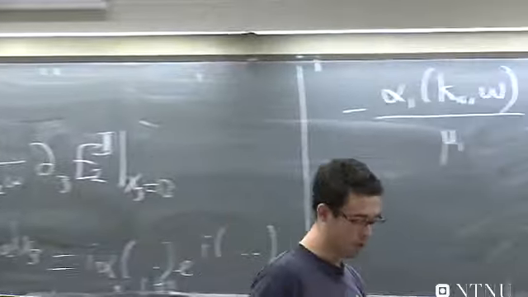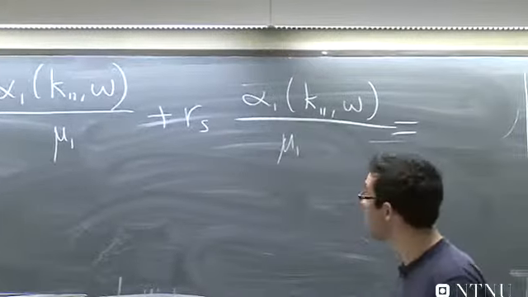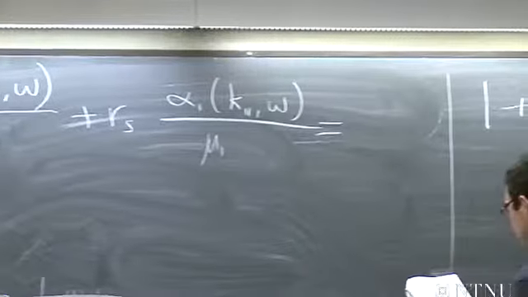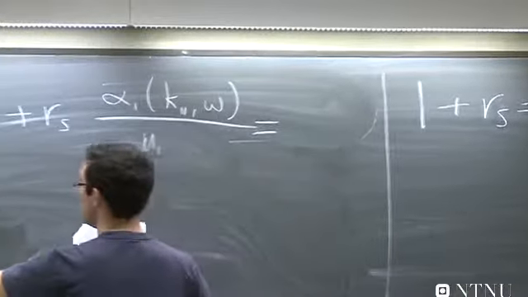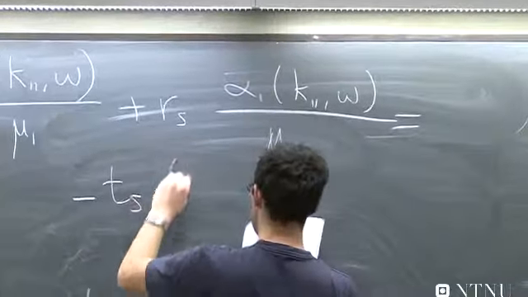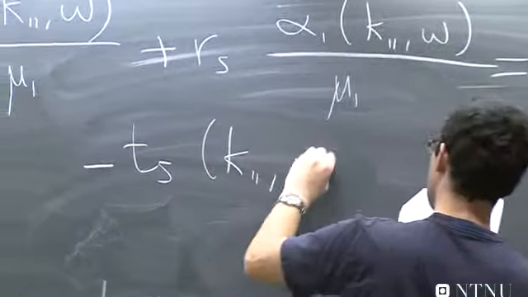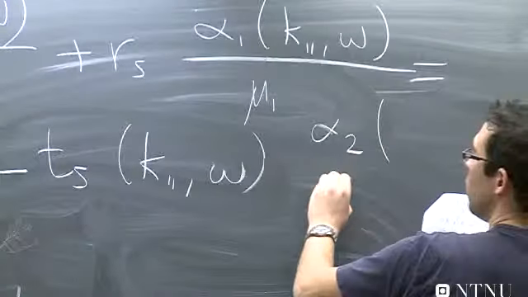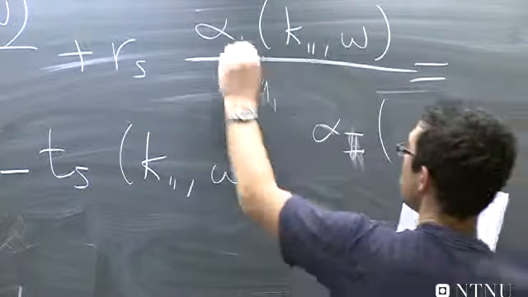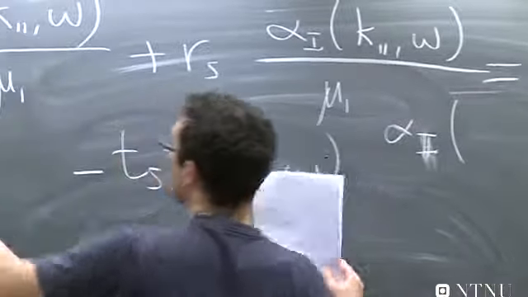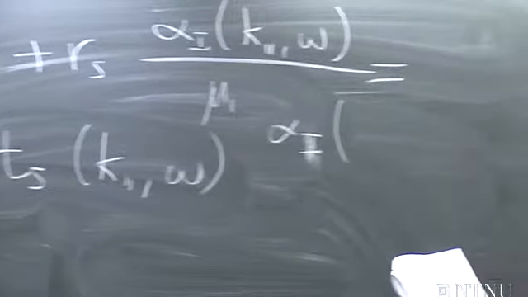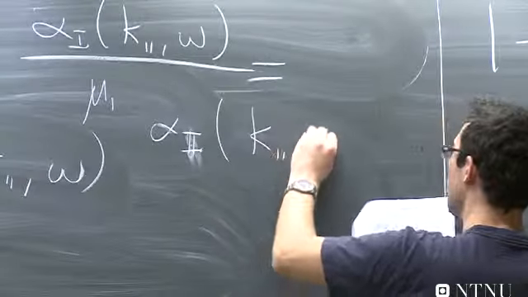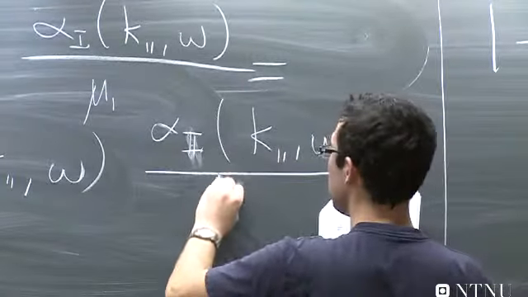And on the other side I'm going to get something similar except with a t in front, and it should be a minus sign because I have a downgoing wave here as well. So I get minus ts alpha 2. Oh, I should use Roman numerals, medium 1, medium 2. And alpha 2 of k parallel omega over mu 2.